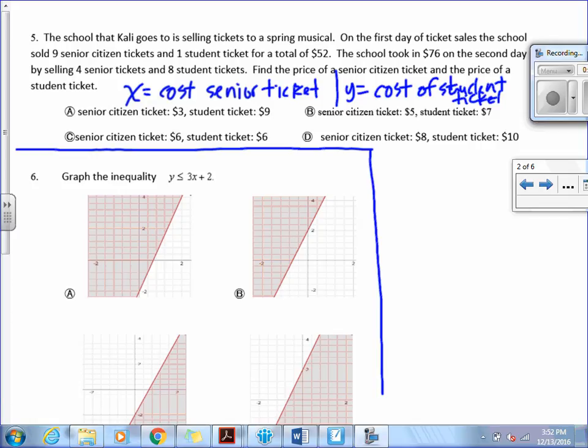So what represents cost? Well, X. So 9 tickets times X dollars per ticket plus 1 ticket times Y dollars per ticket gives us a total of 52 for day 1. And then on day 2, it would be 4x plus 8y equals 76.